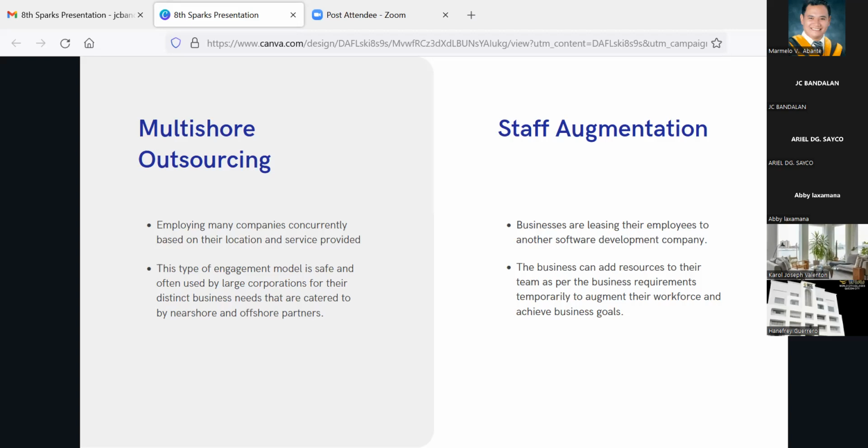So there's also the so-called staff augmentation. So businesses are leasing their employees to another software development company. The business can add resources to their team as per the business requirement temporarily to augment their workforce and achieve business goals. So usually ginagawa rin naman namin to.